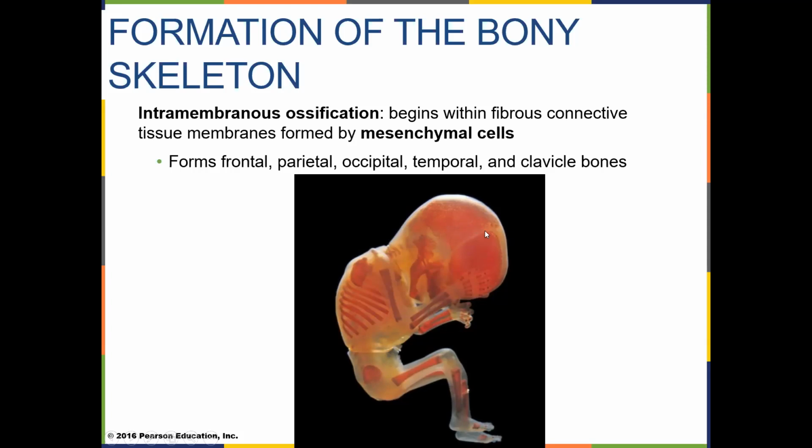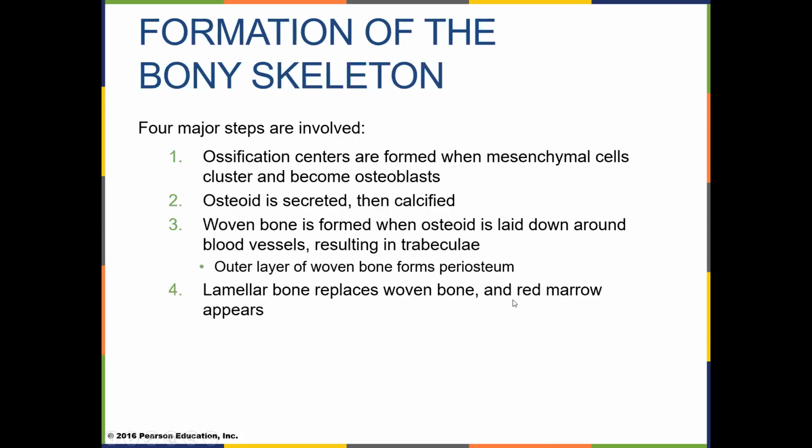The frontal bone, the parietal bone, the occipital bone, the temporal bone, and the clavicle are all going to be laid down from membrane. Okay. And the way this works is very similar to what happens in endochondral ossification. We're not using hyaline cartilage here, we're using membranes, and we start forming bone centers in the middle of the membrane.